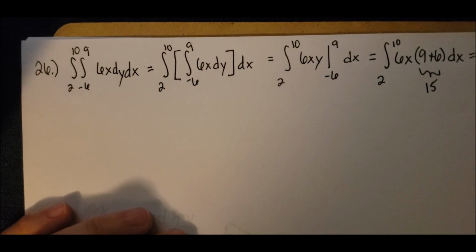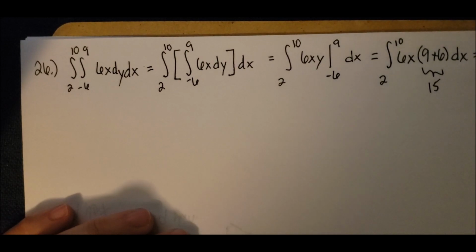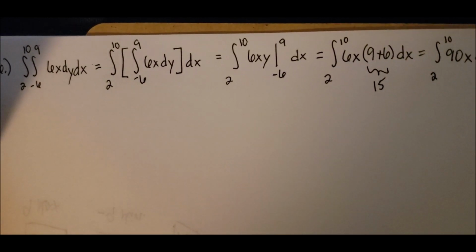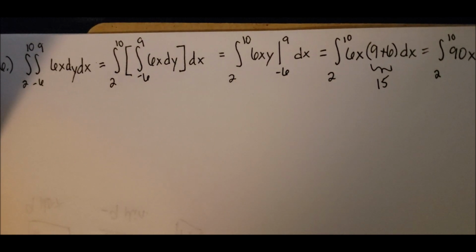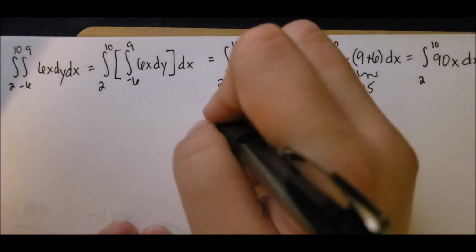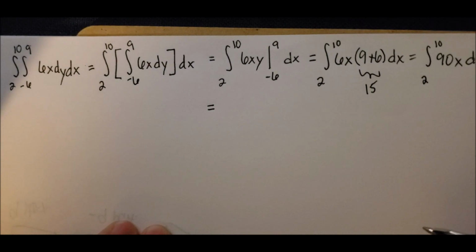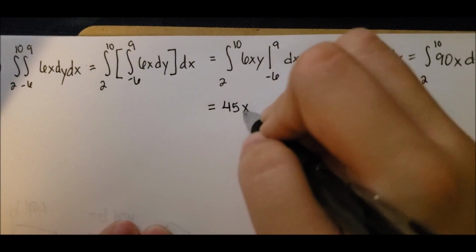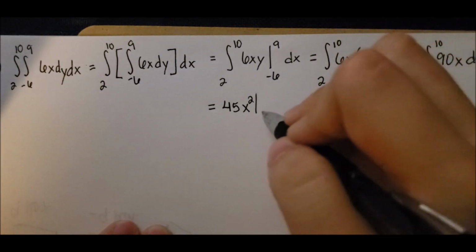So the integral from 2 to 10 of 90x dx, which is 45x squared from 2 to 10.